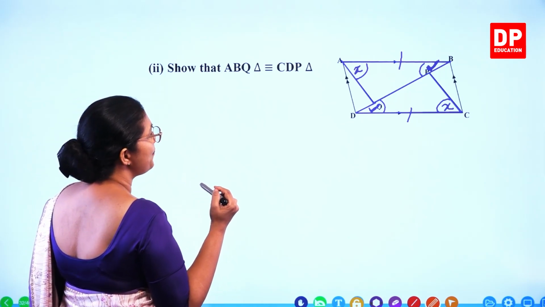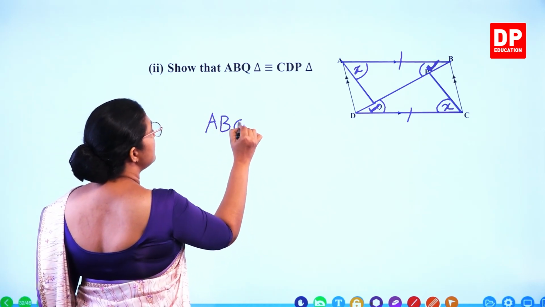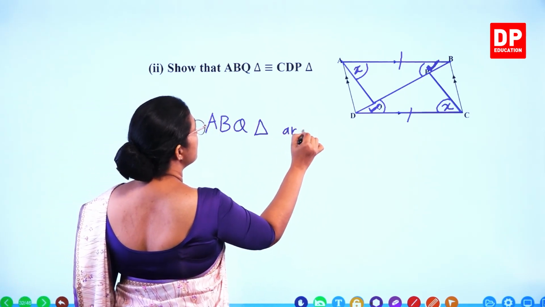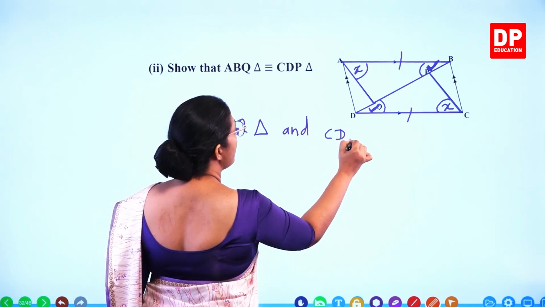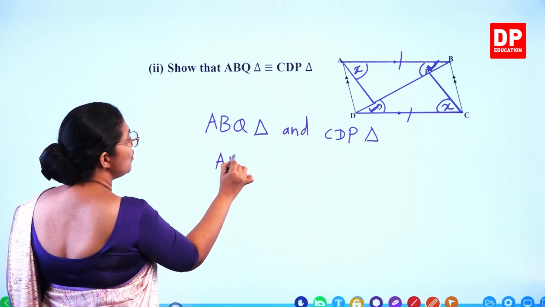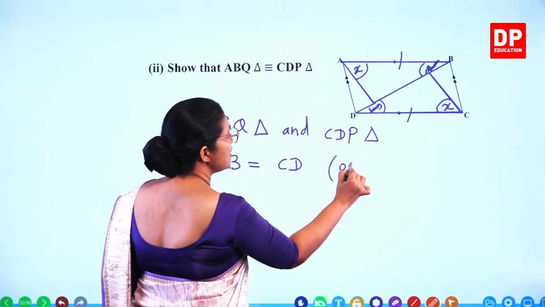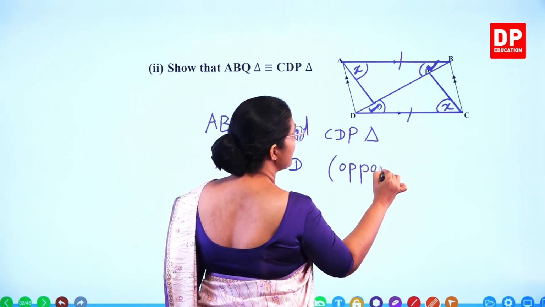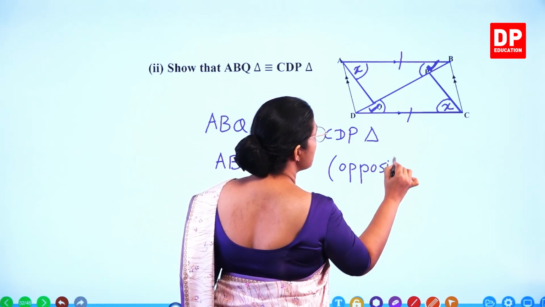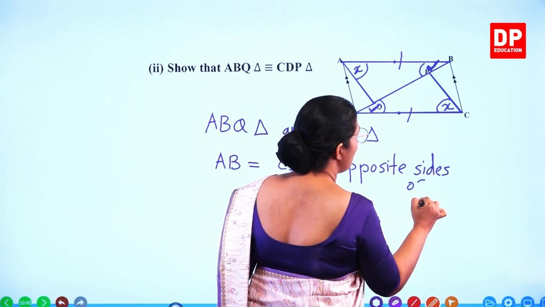So let's write. Let's consider triangle ABQ and triangle CDP. AB is equal to CD, opposite sides of a parallelogram.